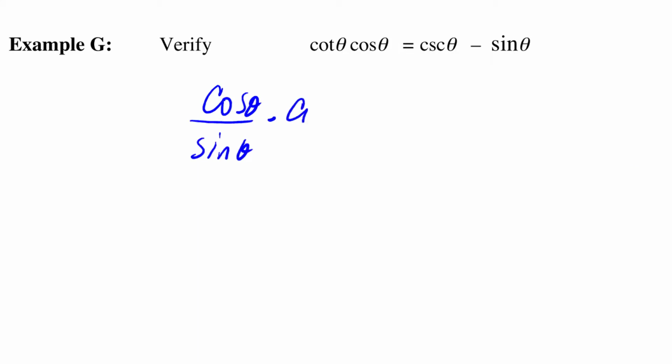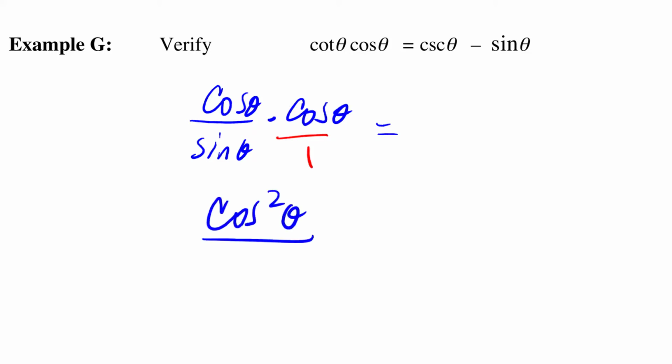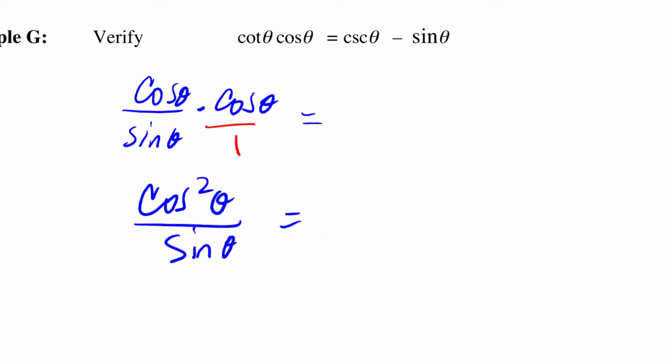So cotangent is cosine over sine, times cosine theta over 1. Okay, let's see. Here it comes. Cosine squared theta over sine theta. Anytime you have something squared, Pythagorean identity is not far behind. Not always, but oftentimes.